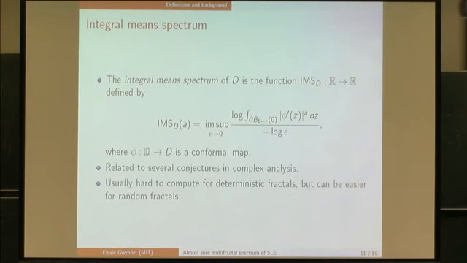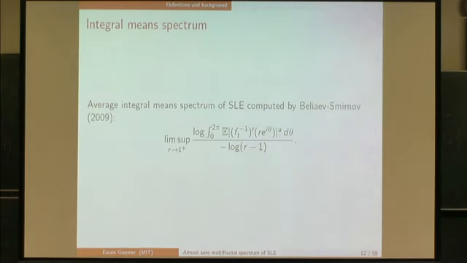But on the other hand, it can be more tractable for random domains such as complements of SLE curves. An example which illustrates this principle is a result of Belyaev and Smirnov, where they compute the average integral mean spectrum of SLE, which is defined in the same way as the ordinary integral mean spectrum, but with an expectation of the derivative of the conformal map instead of the derivative of the conformal map itself.